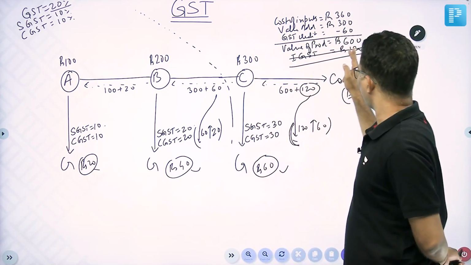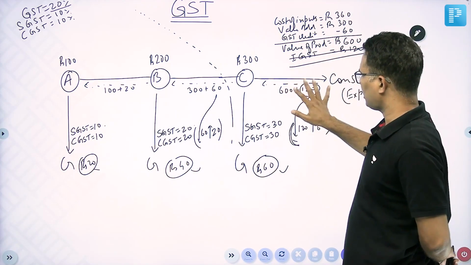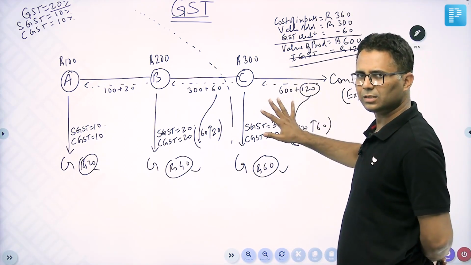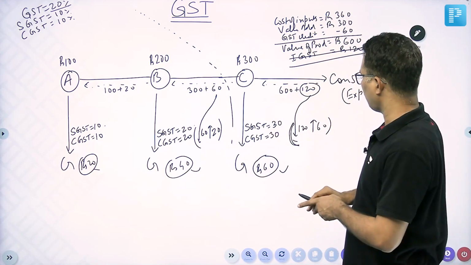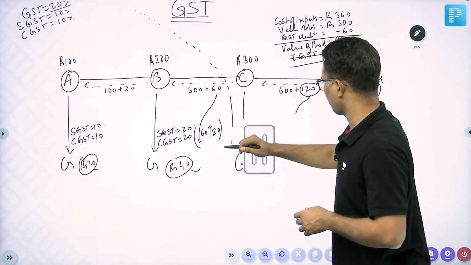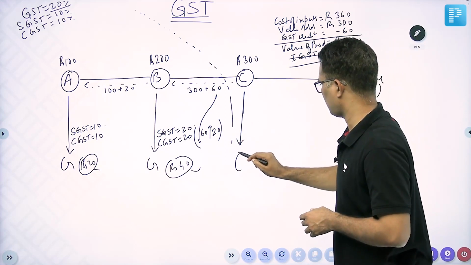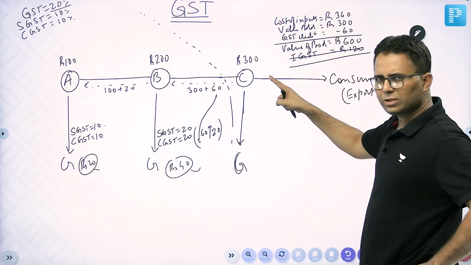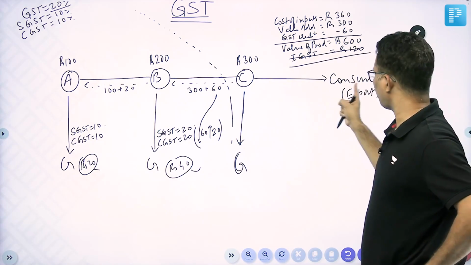So C will not further impose any tax. C will not collect any tax, 0. Let me tell you, see. So C knows that he is exporting. So C will put IGST 0. C will not collect any tax.